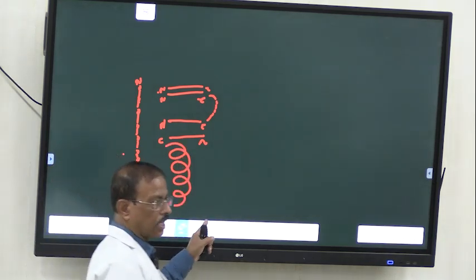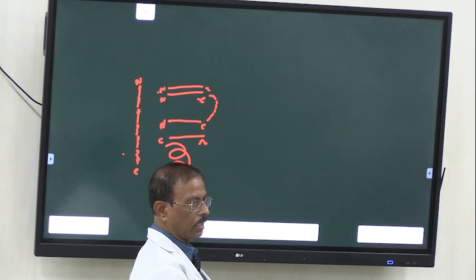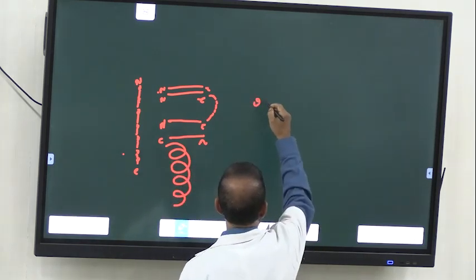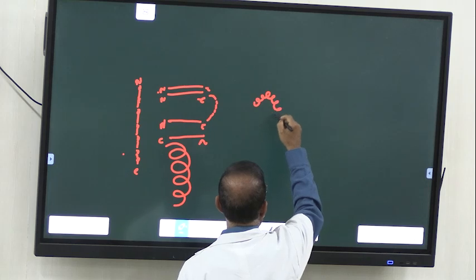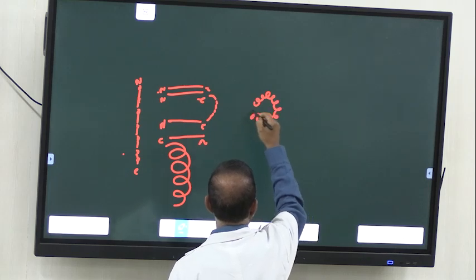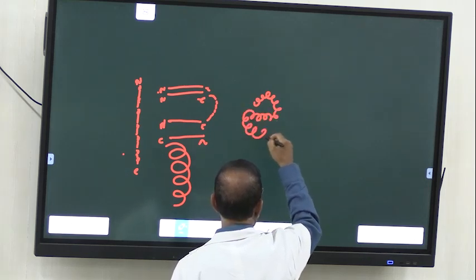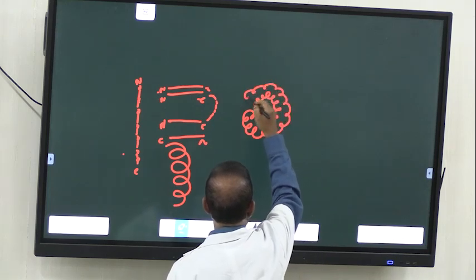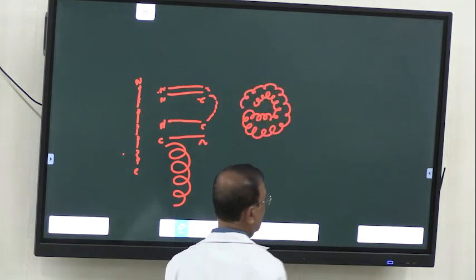Now this primary structure is again folded on itself to produce secondary structure. A two-dimensional structure it will produce. So this is the tertiary structure.